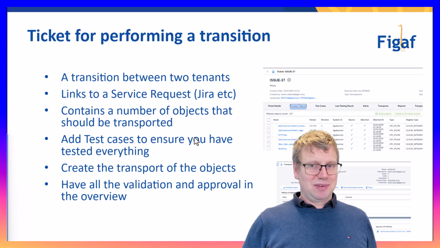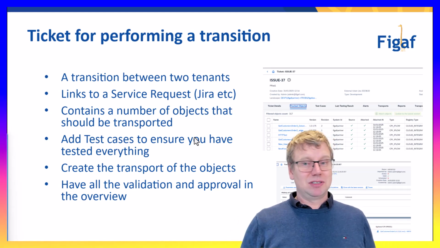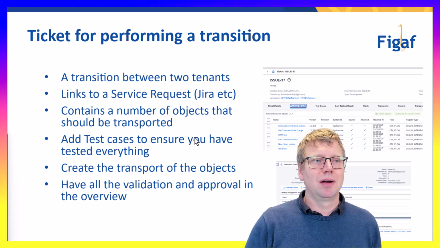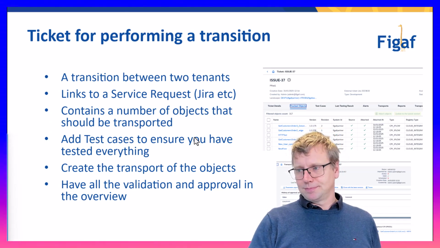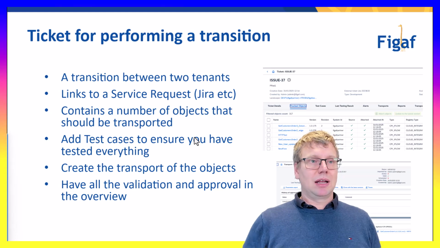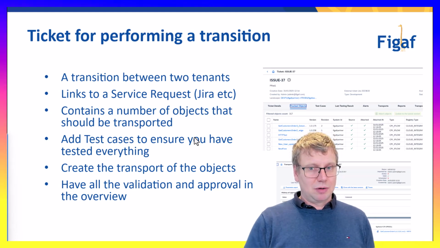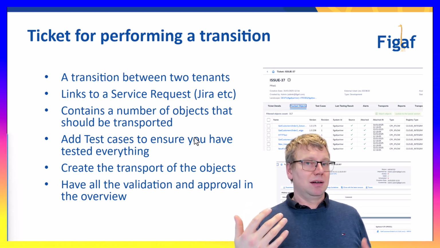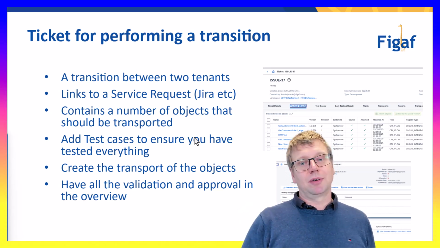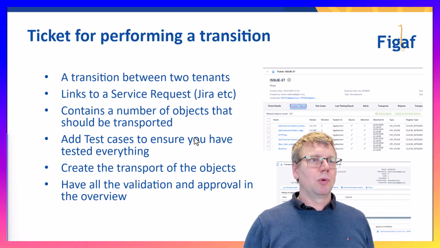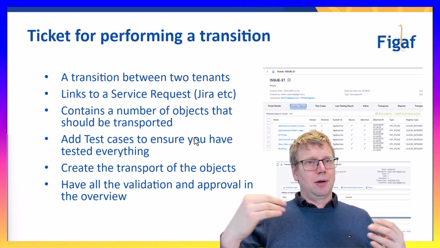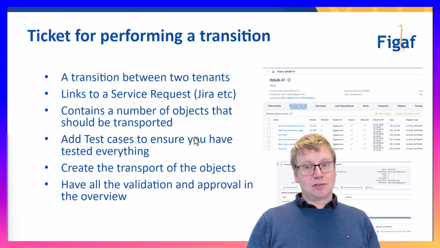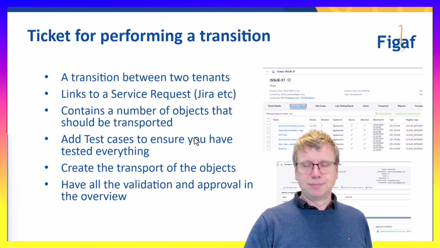Someone must have approved or said this is the reason we're doing the change, and that would be Jira or ServiceNow, whatever you have as different options. And once you have created and modified what it is that we want, you create a transport where you can go in and apply all the configurations. You can also go in and handle approvals in this part, and I think that's really powerful, and we'll show you.